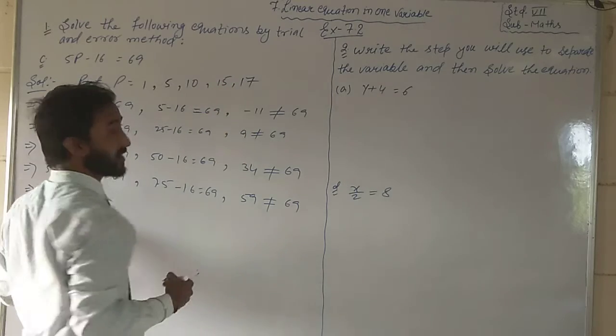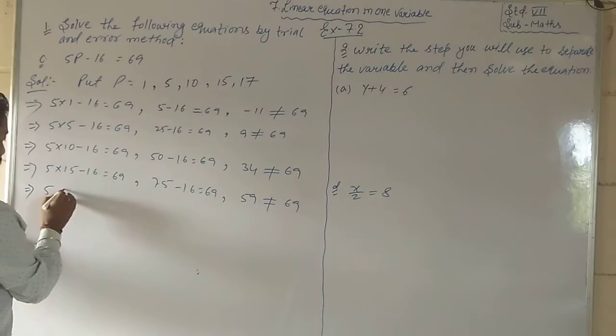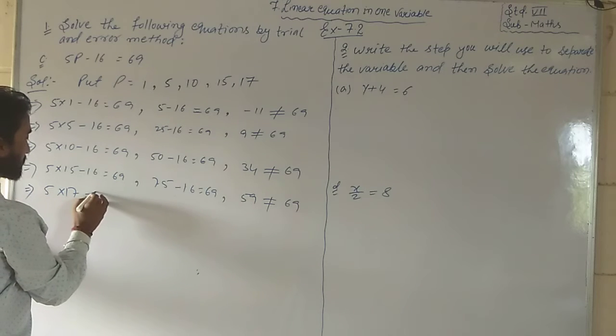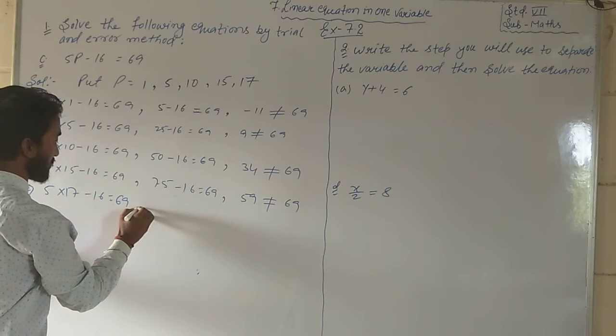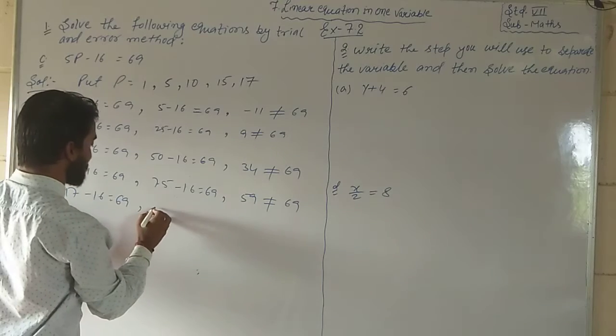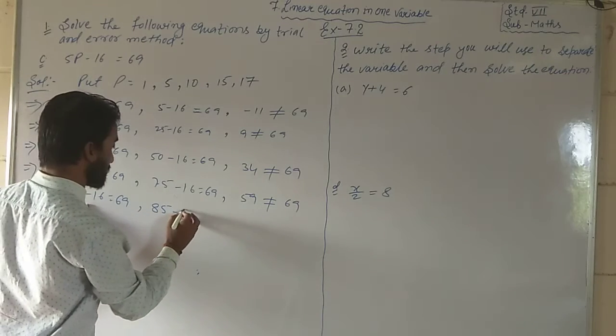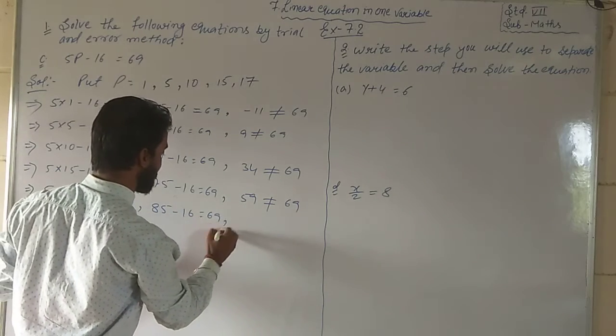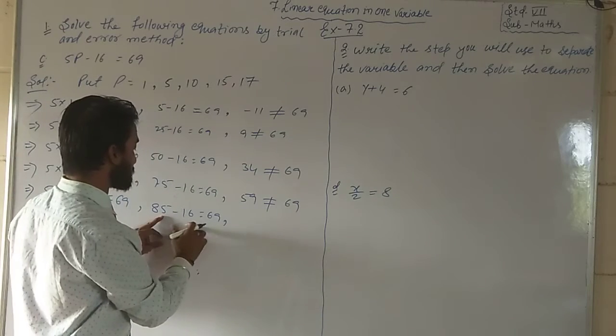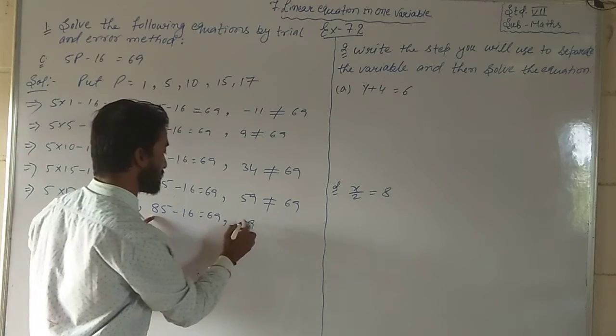Put 17. So 5 into 17 minus 16 is equal to 69. 85 minus 16: 85 minus 16 is 69.